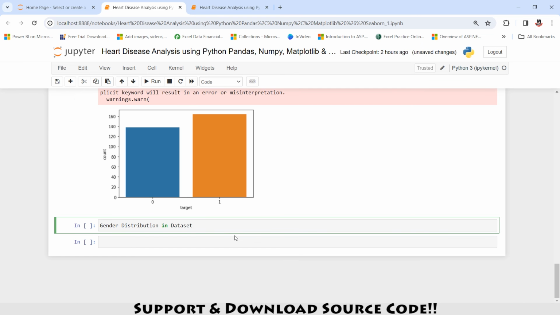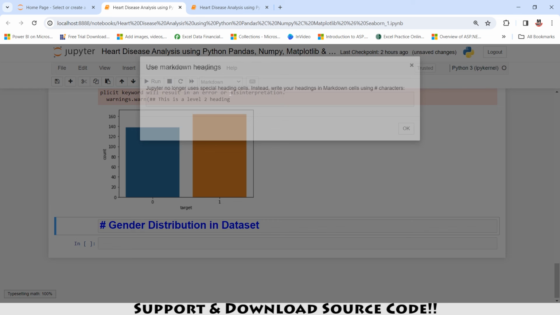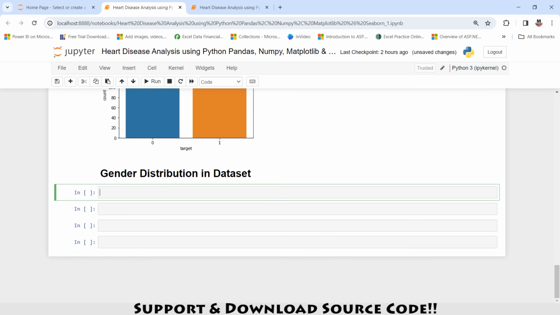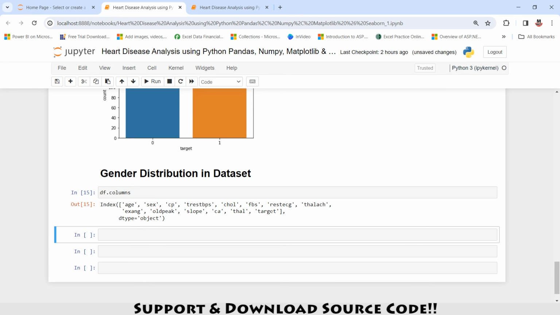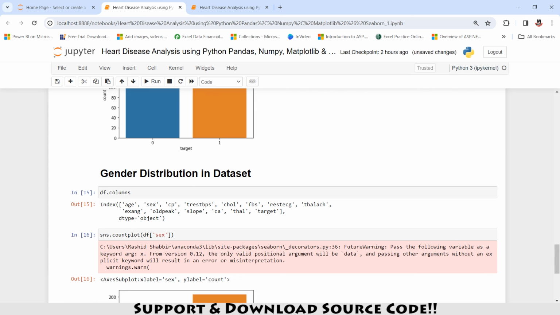Now we will be checking the gender distribution within the data. Here I will select this heading, OK, Shift Enter. First of all I will check my columns, df.columns. So these are my columns and my answer is in this sex column. Here I will type sns.countplot and I will be counting the sex column in df. Now I will press Shift Enter from my keyboard.